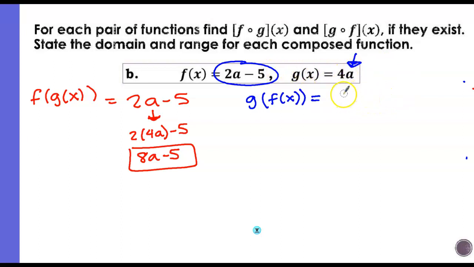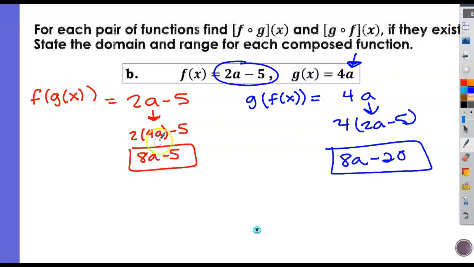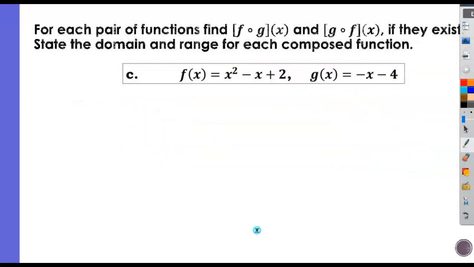So I'm going to write down the g function, and where I see a, I'm going to replace it with 2a minus 5. And I'm going to just distribute. So that's going to give me 8a minus 20. Both of these scenarios are linear, so my domain and range would just still be all real numbers. All right, let's try another one.